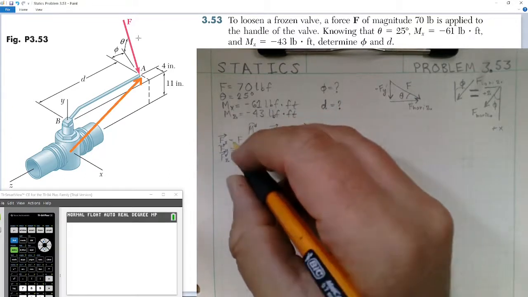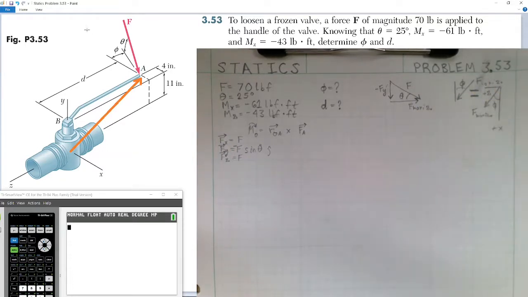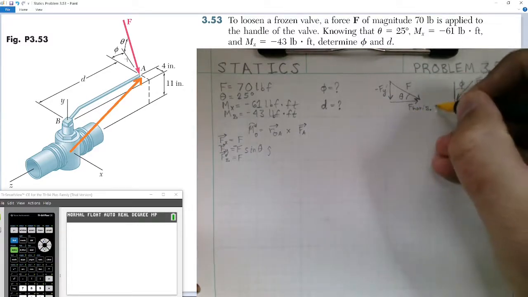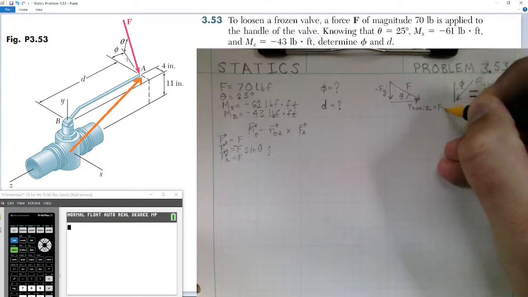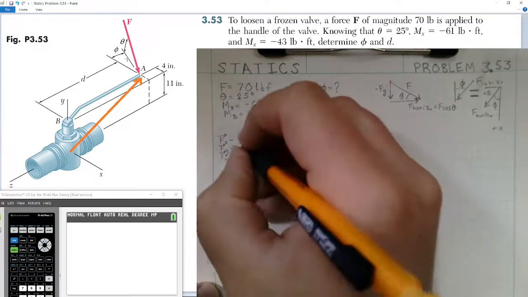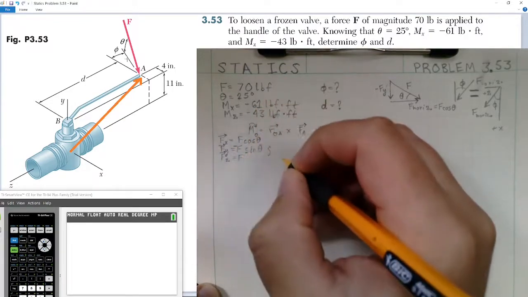Okay, now going back, looking at the force X, looking at the diagram, the total force has a horizontal component, which would be F horizontal, which is equal to F times the cosine of angle theta. So X would be F times cosine of angle theta.